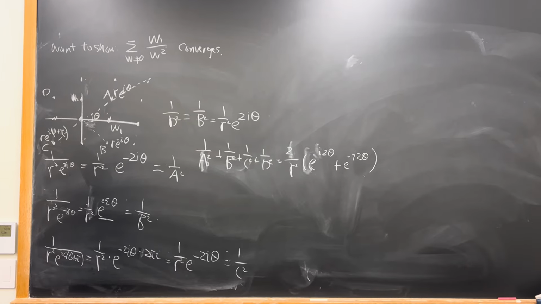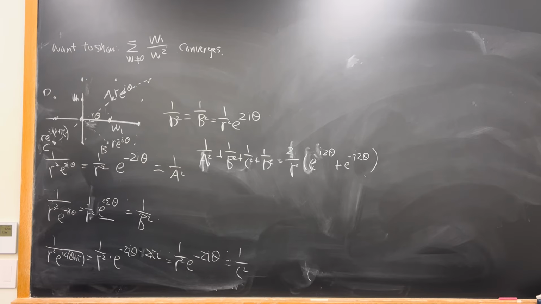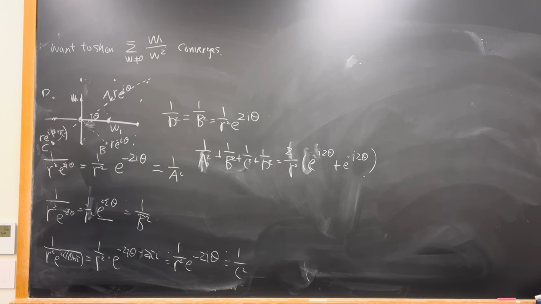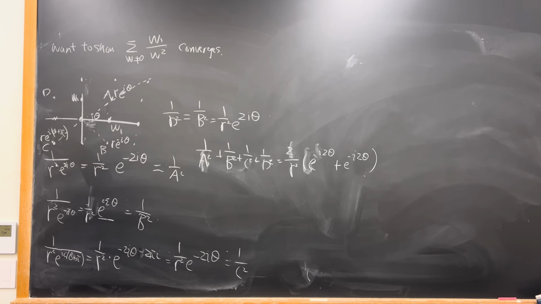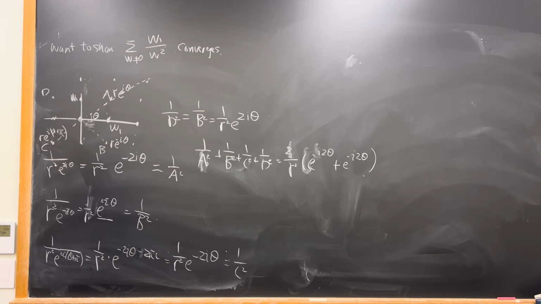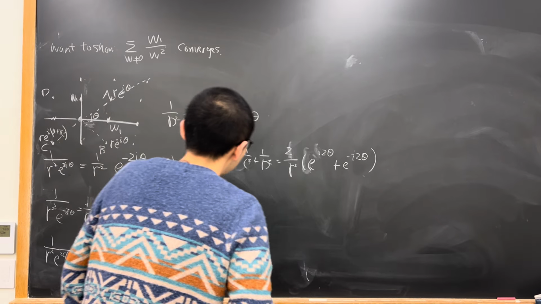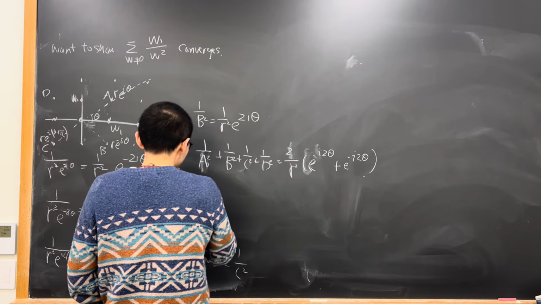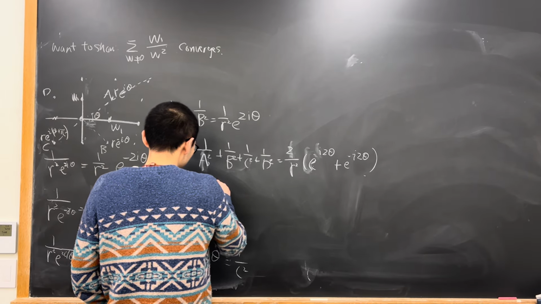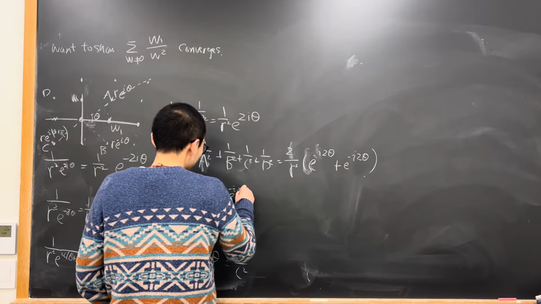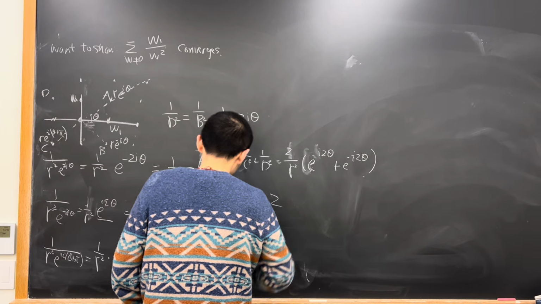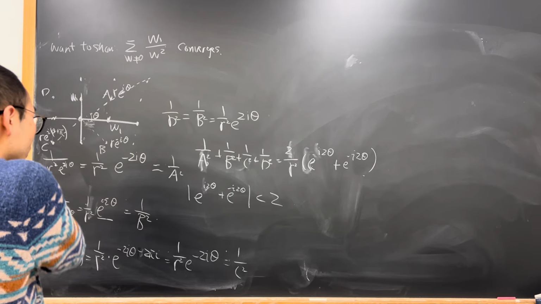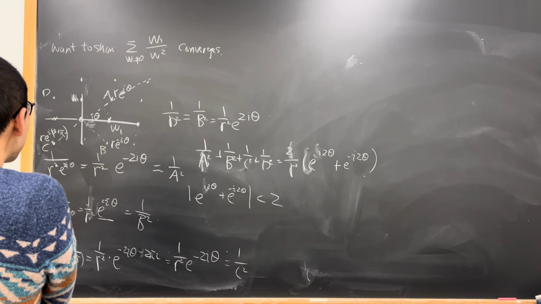So when they're added, the modulus of e to the 2i theta plus e to the negative 2i theta must be less than 2, right? Because of the triangle inequality.